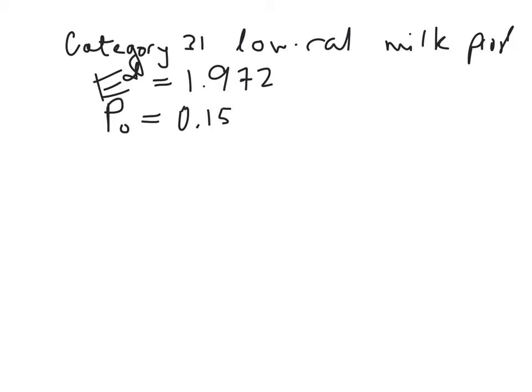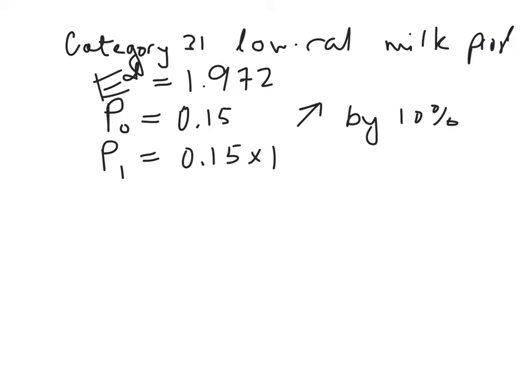And we're also given that price goes up by 10%. So if we multiply the original price, 0.15, times 1.1, that's the original price plus 10%, we get 0.165 as the new price.